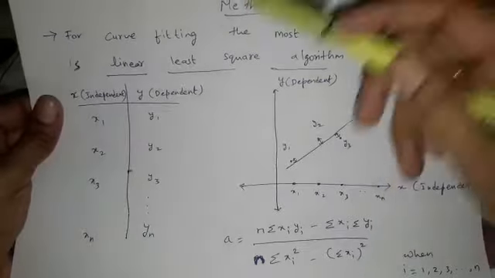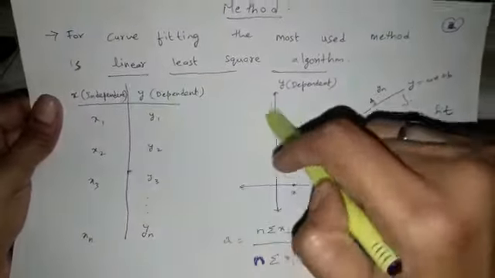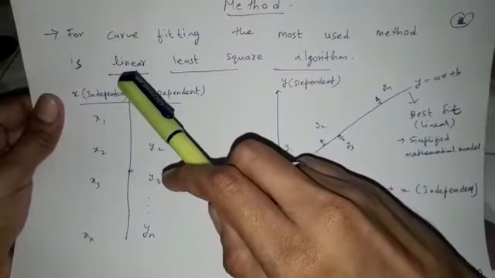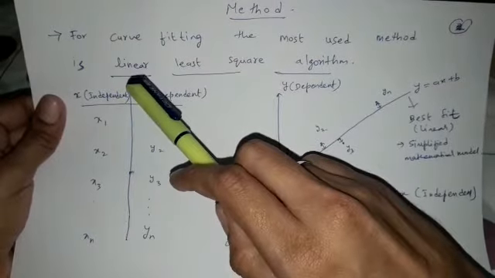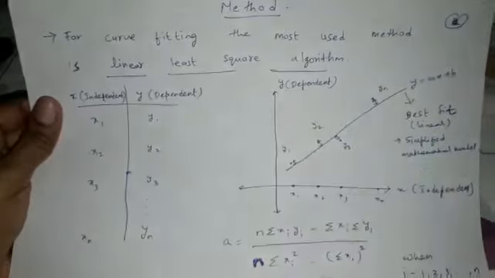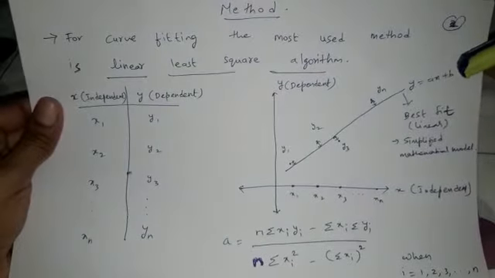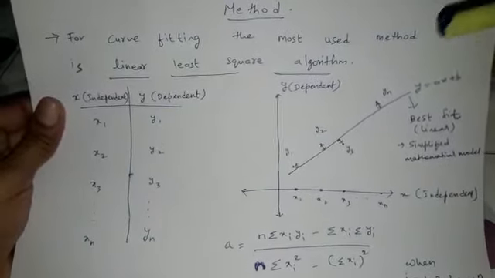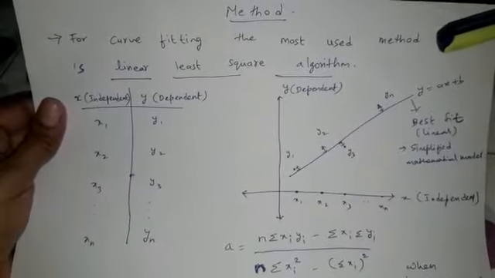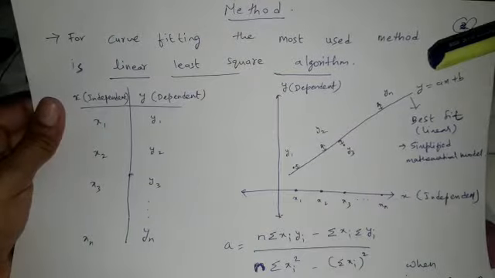In the linear least square method we are going to fit a linear curve or a straight line of the form y is equal to ax plus b.